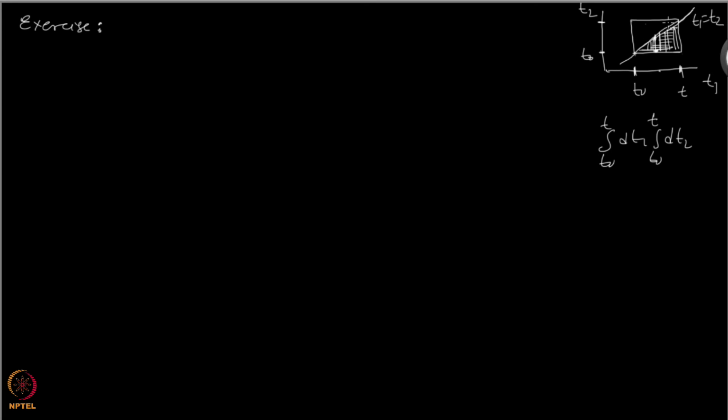But you see that the sum of these two regions is the full region, which says integral dt2 from t0 to t1, and then of course you integrate over the full t1, that's this region, plus now t1 goes from t0 to here, and this is the t1 equal to t2 line.